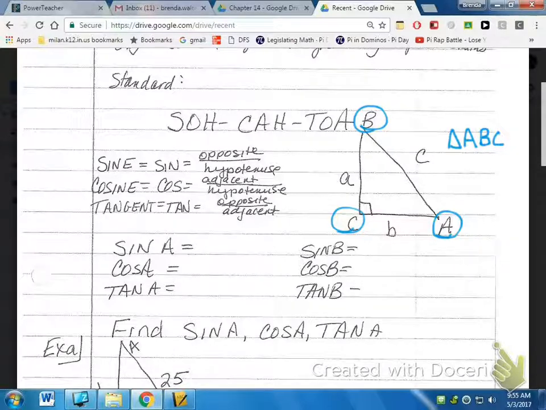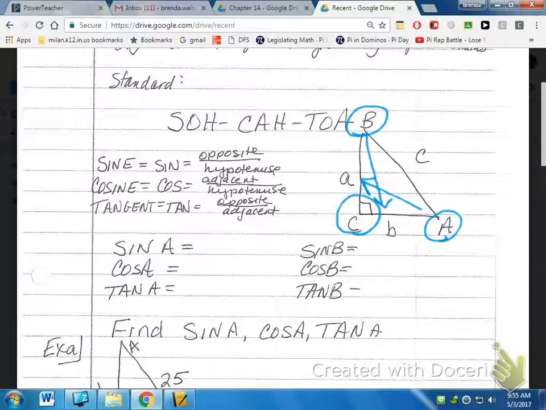Notice a couple of things. C is always the right angle. C is always the right angle. That's really important. Notice that the side opposite the angle is the lowercase letter. So opposite angle A is little a. Opposite angle B is little b.